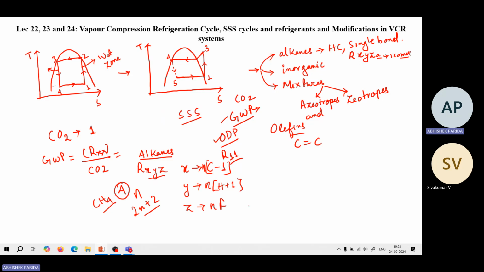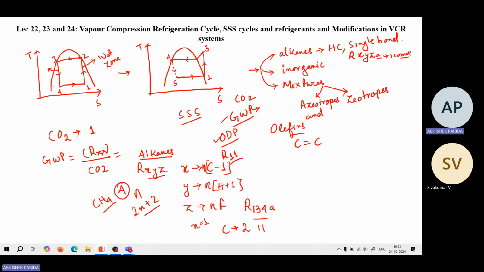And based on that, we have also discussed R134a. This is the refrigerant you find generally in domestic ACs nowadays. I hope you can find out its chemical formula. X is the number of carbon atoms minus 1. So if X is equal to 1, the number of carbons will be 2.